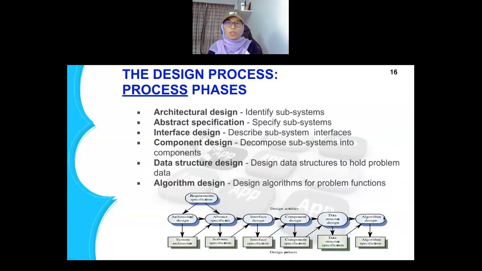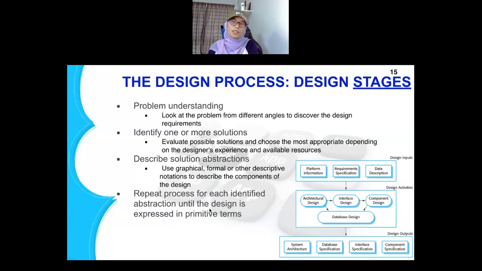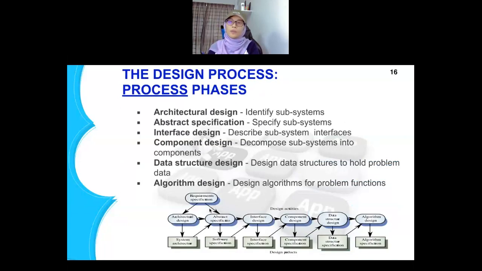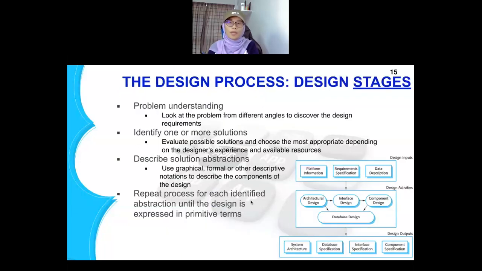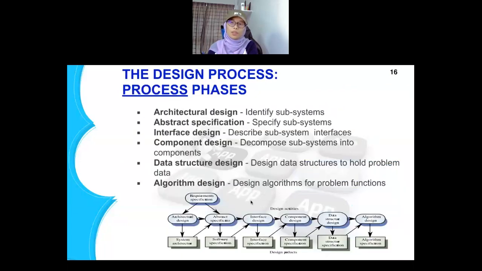This is the design activities, and the requirement specification is the one at the above part, design input. And the below part is the design output, where it comes with the system architecture, software specification, interface, component, data structure, and algorithm, and all these are linked together.